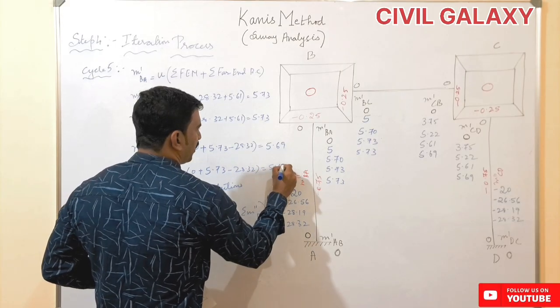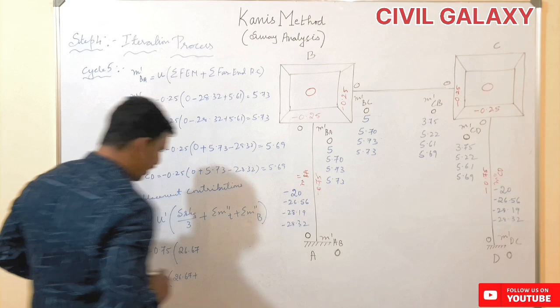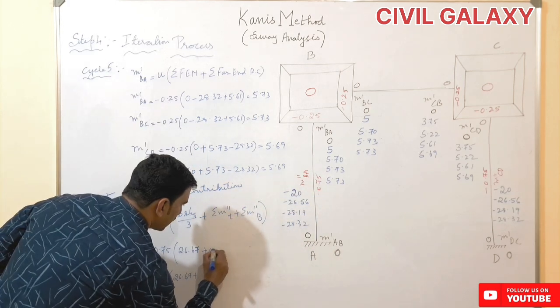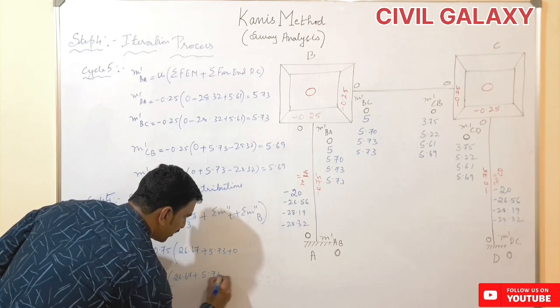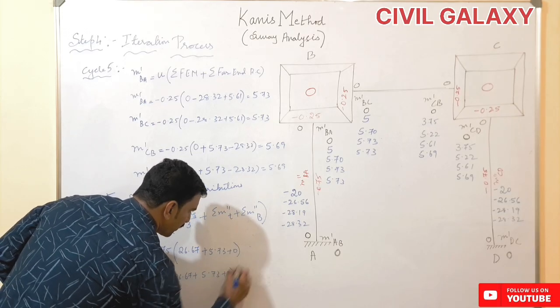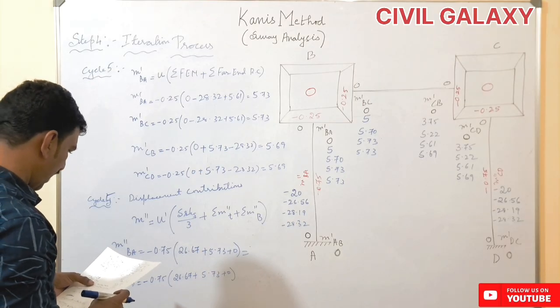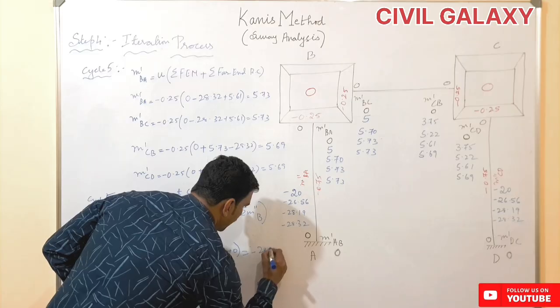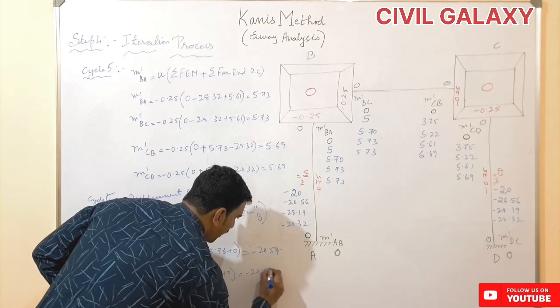Now if we take m double dash BA over here, the new iteration value we are getting is plus 5.73 plus 0. This will be equal to a value of minus 28.57, here also minus 28.57.